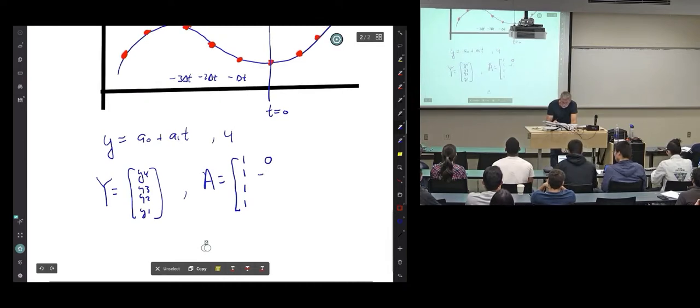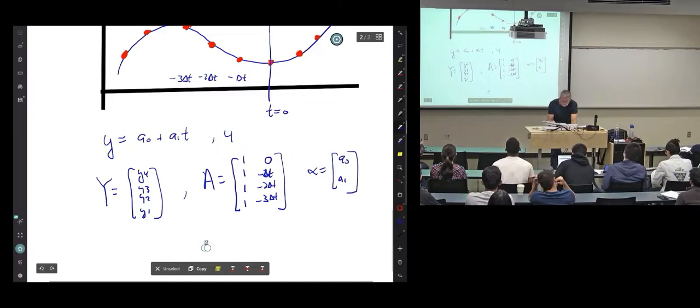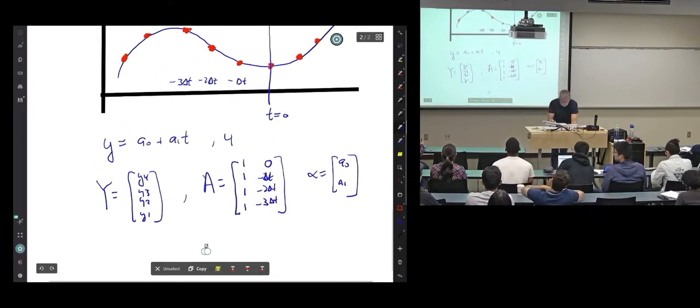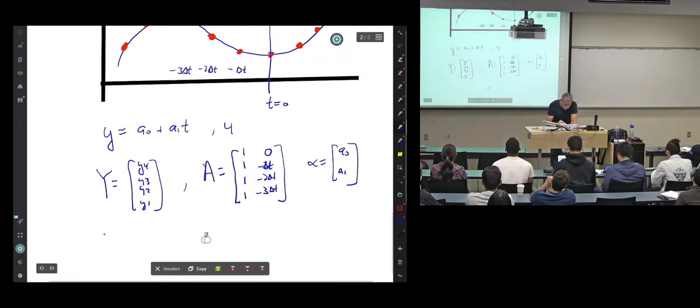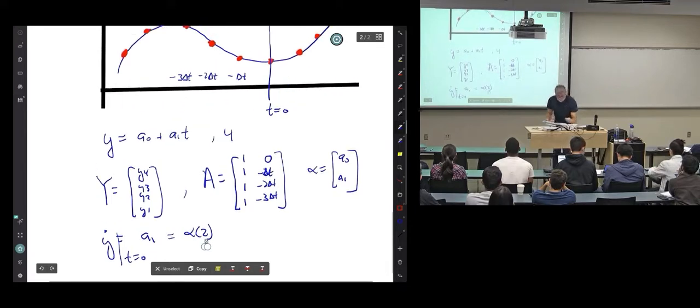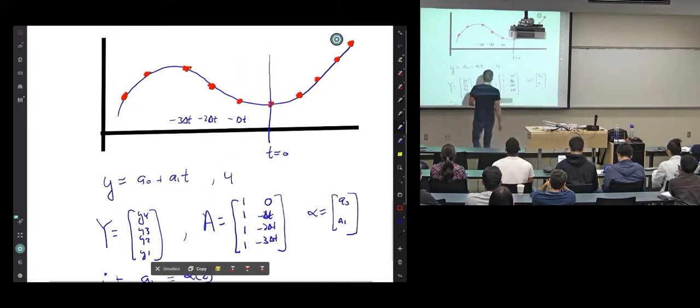For my measurements here, I have minus delta t, minus 2 delta t, minus 3 delta t. Okay. My alpha is a0, a1. What does y dot equal at t equals 0? It's just a1, right? The second component of alpha.